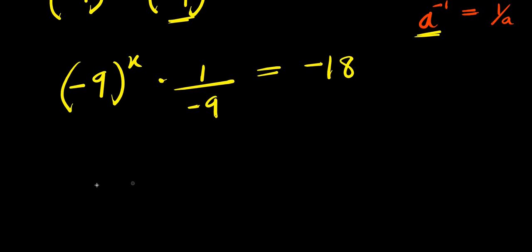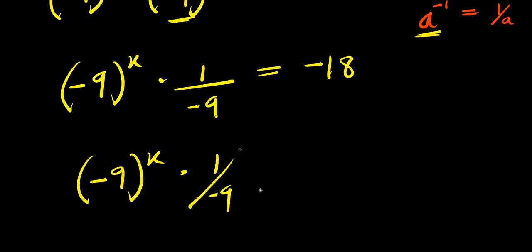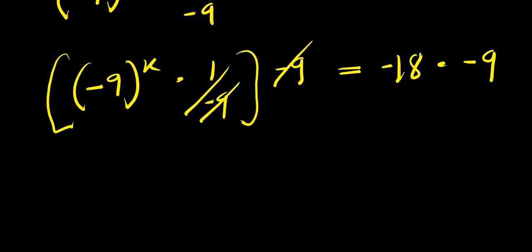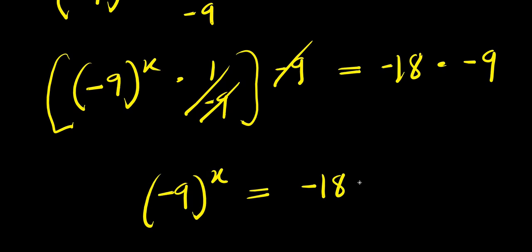So we have negative 9 to the power of x times 1 divided by negative 9, and this we multiply by negative 9 equals negative 18, then we multiply it by negative 9 as well. So if you multiply this, we'll cancel this. So what we are going to have left is negative 9 to the power of x equals negative 18 times negative 9.